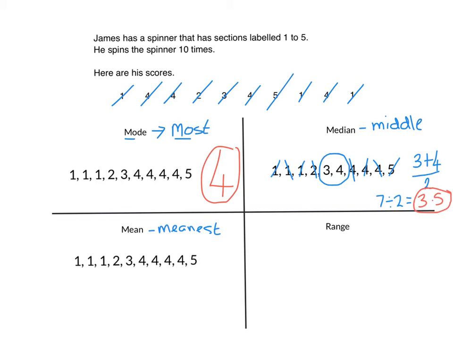So if I just go through that again, the mode is the most common. The median, it's got that D in it, middle. And then the mean is the meanest. So you add them all together. And you're going to divide by how many there are.